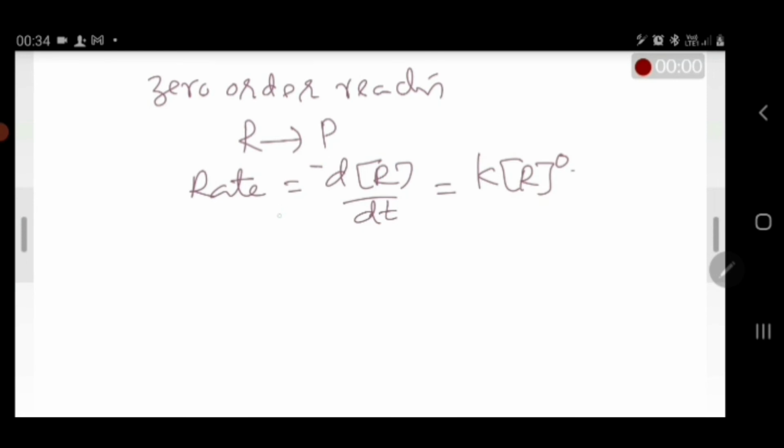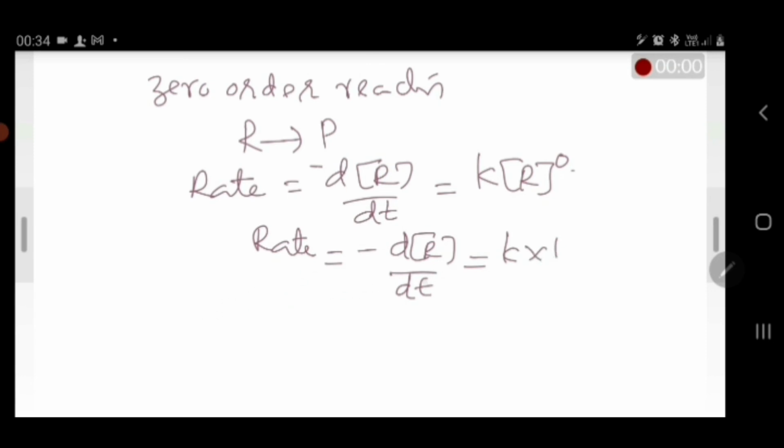As any quantity raised to the power of 0 is unity, you can write the rate, minus dR by dt, is equal to k into 1.